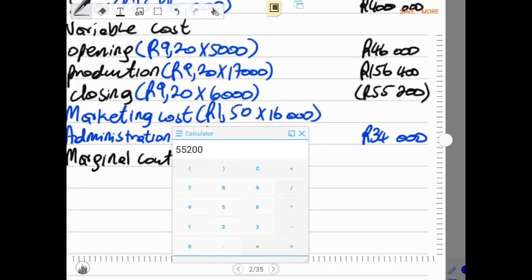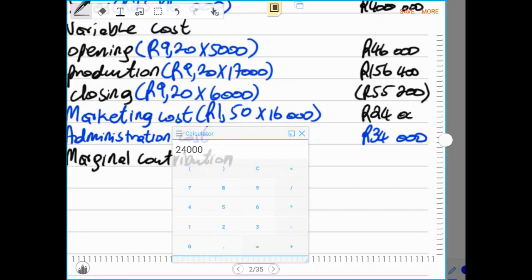And then after, we do the marketing cost, which is 16,000 units times 1 rand 50 cents, and this will give us 24,000 rands. The last one is the 34,000 rands that you can see already, which is administration cost of 34,000 rands.